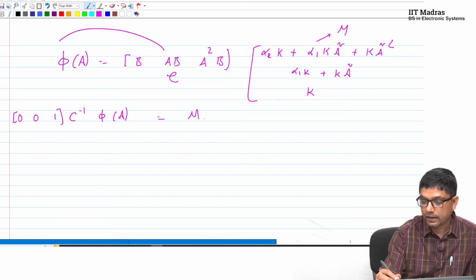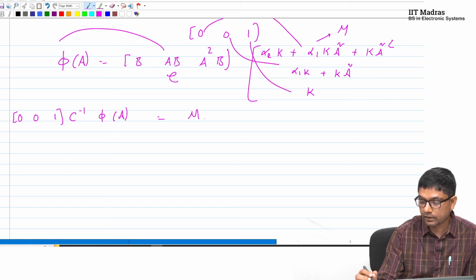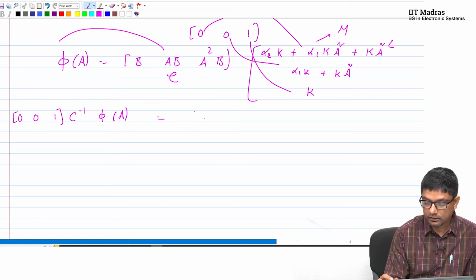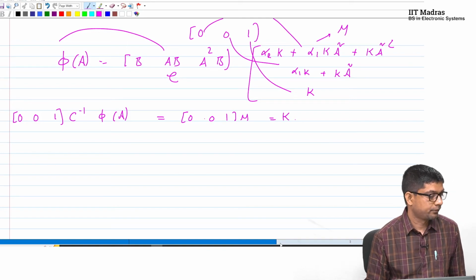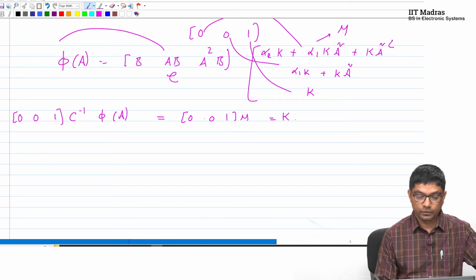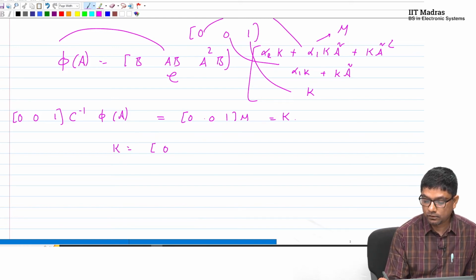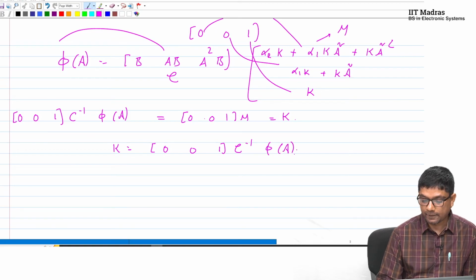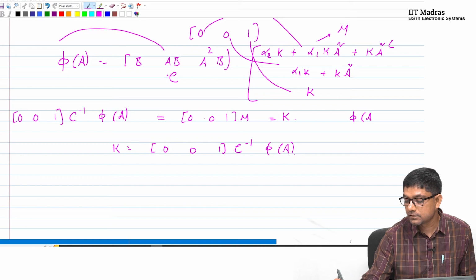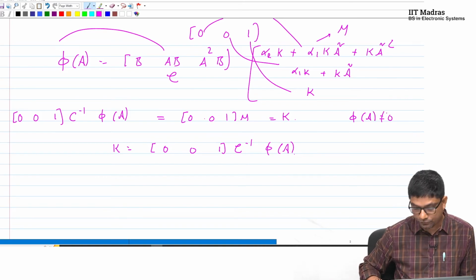So, if I left multiply 0, 0, 1 with m, I am just left with k. So, through the Ackermann's formula, I can find k as 0, 0, 1, inverse of the controllability matrix and phi of a. Please note that phi of a is not equal to 0, so phi of a tilde is equal to 0.